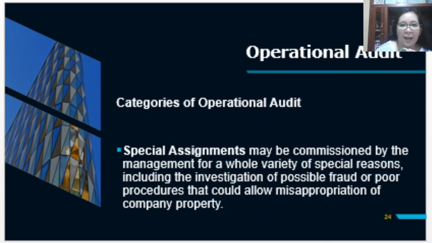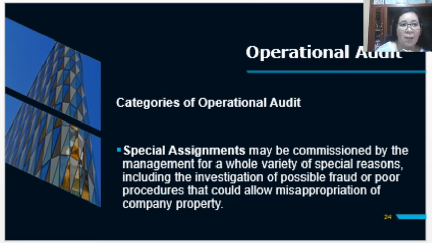Okay, and another is special assignments. So this may be commissioned by the management for a whole variety of special reasons. So this may include investigation of possible fraud or poor procedures that will allow misappropriation of company property.